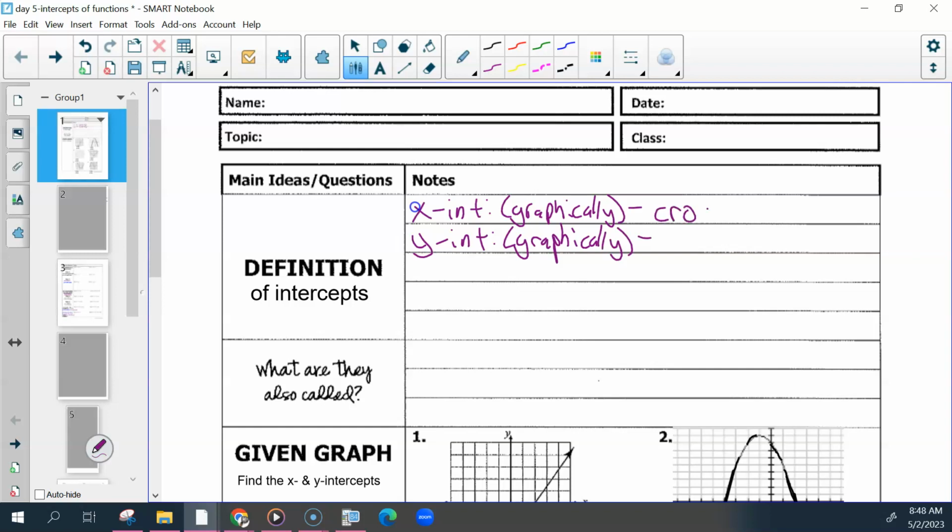So crosses or touches or intercepts. X-axis for the x-intercept, y-axis for the y-intercept.